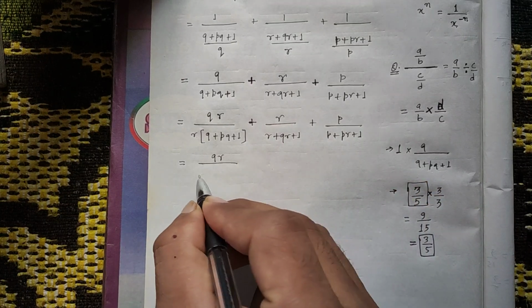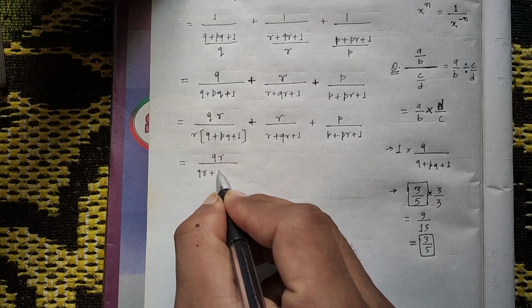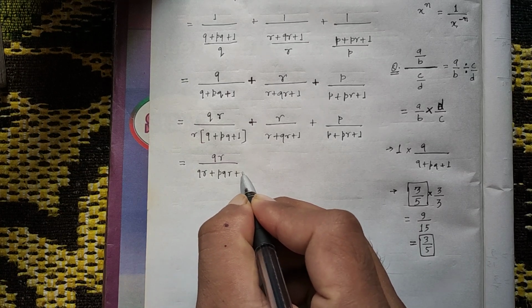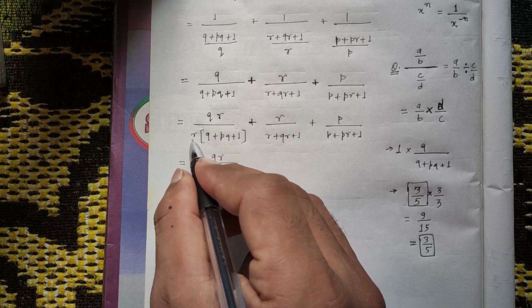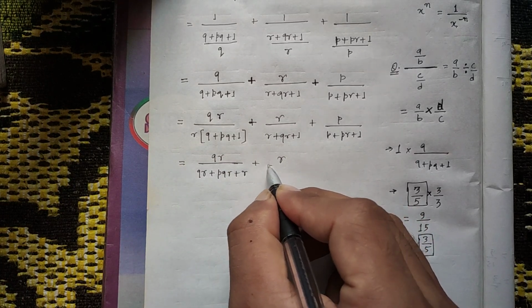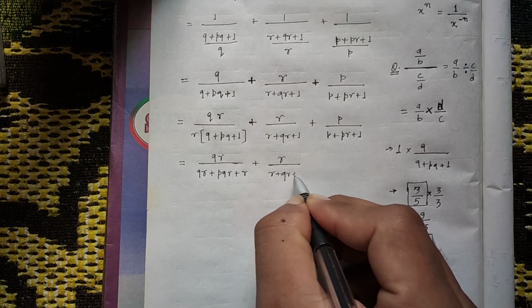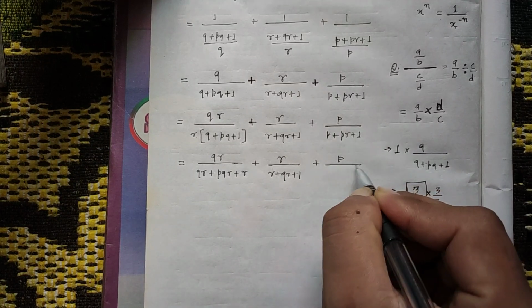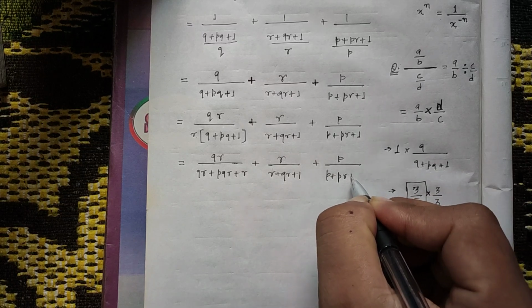So it becomes qr upon qr plus pqr plus r, as I have opened the bracket and multiplied inside the bracket. And the other terms are r upon r plus qr plus 1, plus p upon p plus pr plus 1.